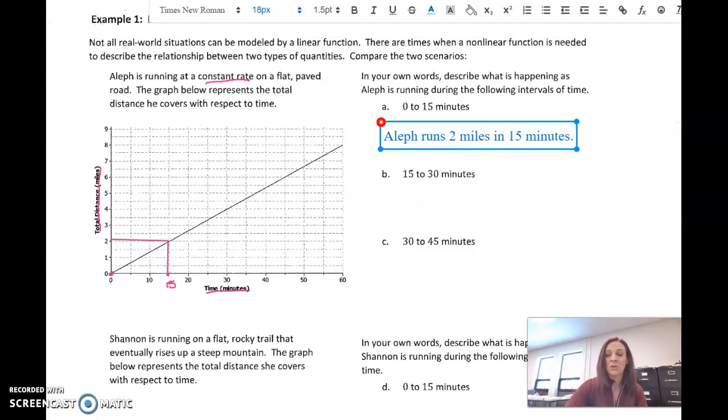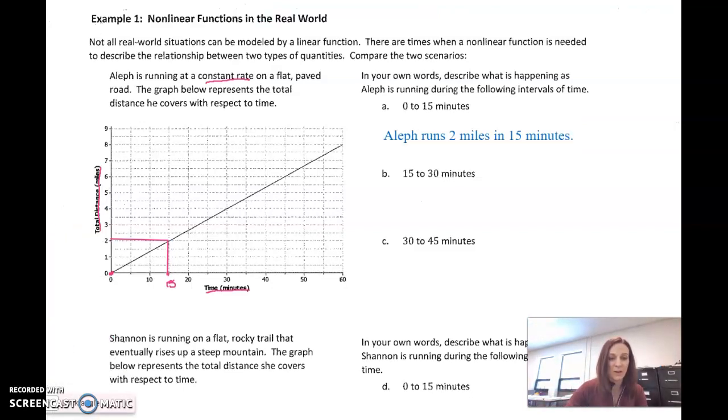Okay. So then it wants from 15 to 30 minutes. So now we're going to go from 15 to 30. From here to here, he is running how much time compared to how much distance? Well, going from here at 15 to here at 30, he's running 15 minutes.